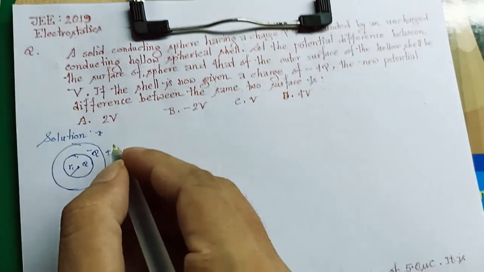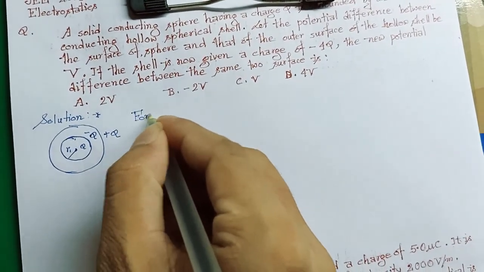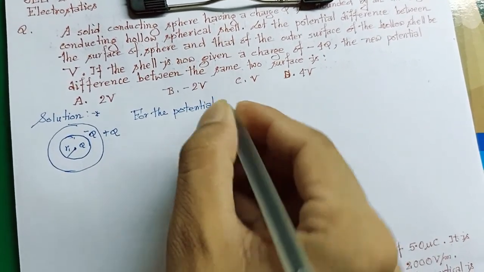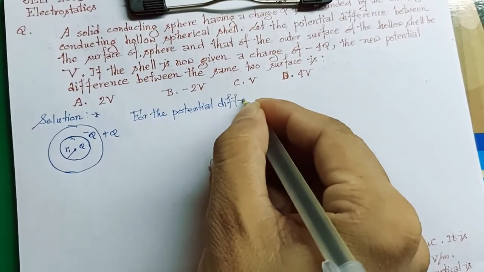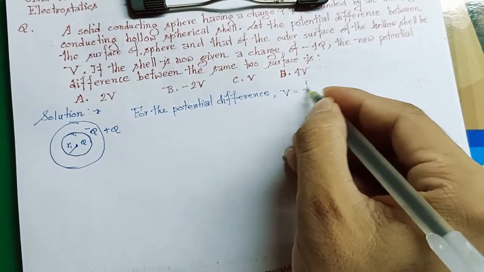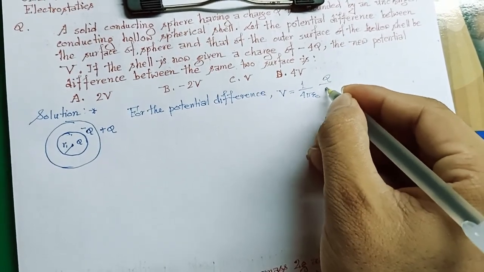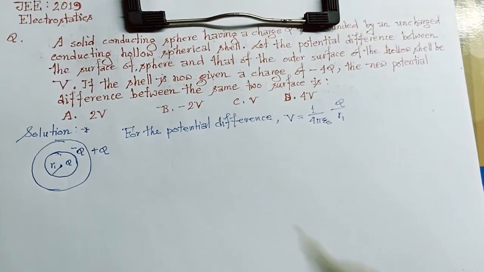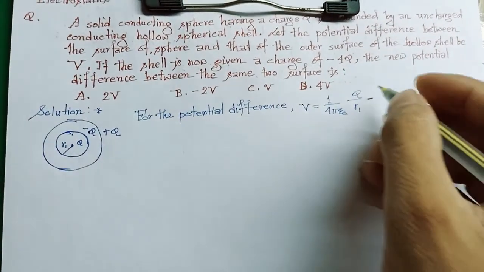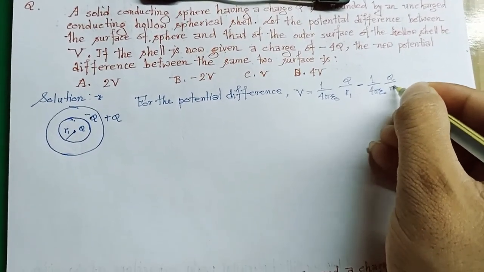So for the potential difference, V equals 1 divided by 4 pi epsilon naught into Q divided by R1, because this is the potential due to sphere 1, and the potential due to sphere 2 is equal to 1 divided by 4 pi epsilon naught into Q divided by R2.